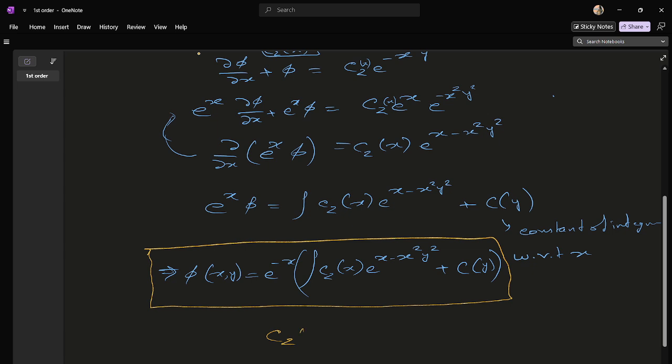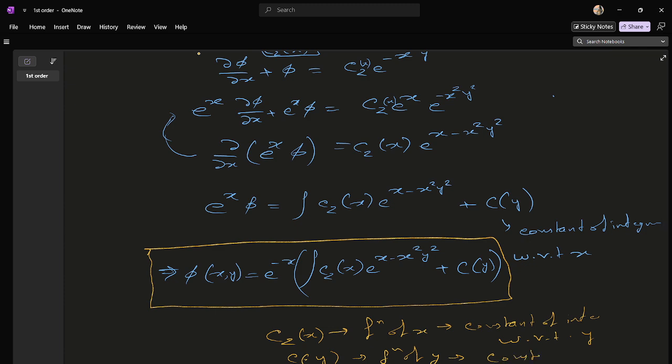Here c2(x) is a function of x, which came from the constant of integration with respect to y, and c(y) is the function of y, which is a constant of integration with respect to x.